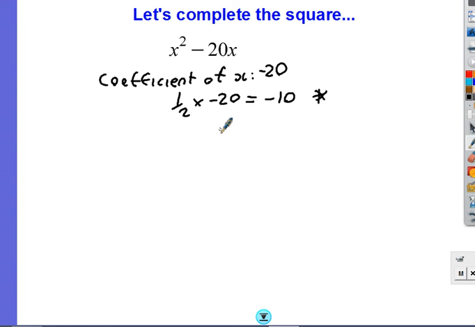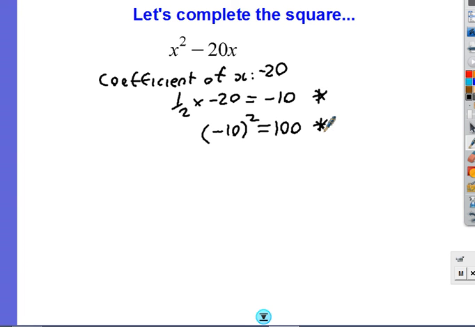And we also square that number, so minus 10 all squared, important with quadratics. Remember, minus times a minus is a plus. Minus 10 all squared is 100. So this means that we now have the two numbers we need: minus 10 and 100.